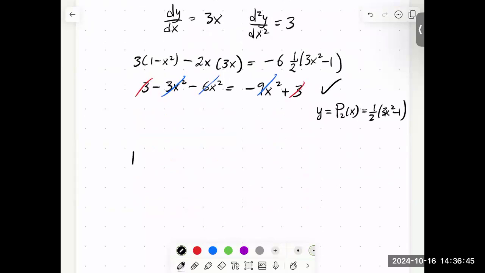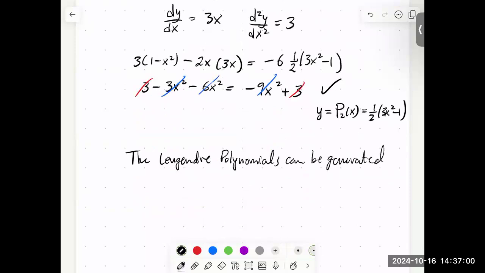There's a nice way to generate these polynomials. So the Legendre polynomials can be generated using the so-called Rodrigues formula.